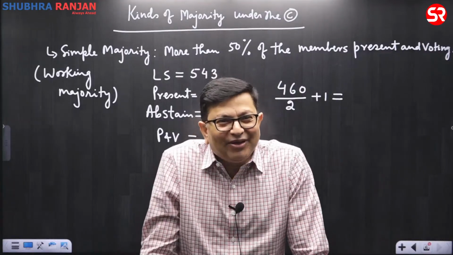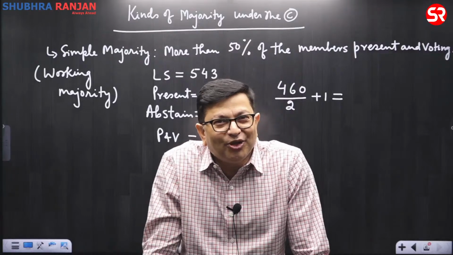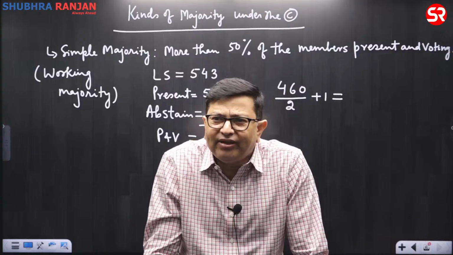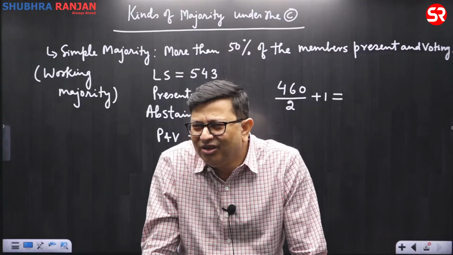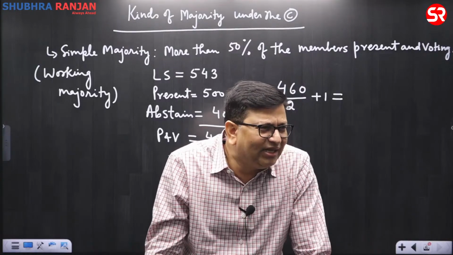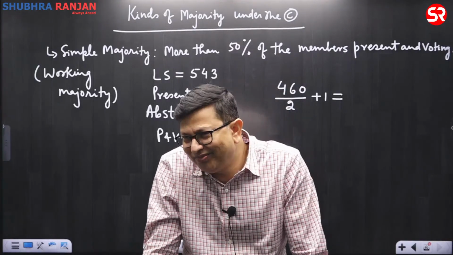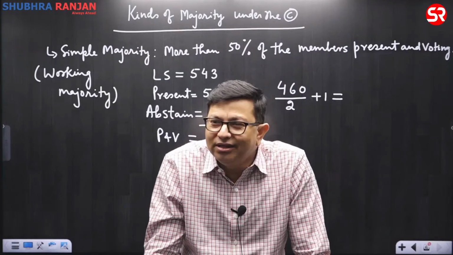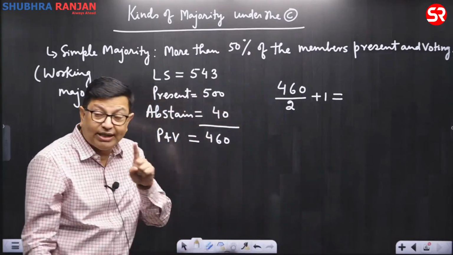So, if I ask how many of you want a holiday tomorrow, out of 25, 5 of you will say, sir, we will not take part in such type of voting. If there will be a class, we will come, otherwise we will not come. So, 5 of you, what did you do?